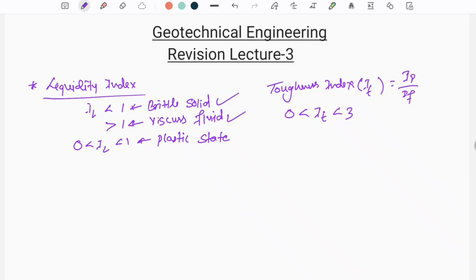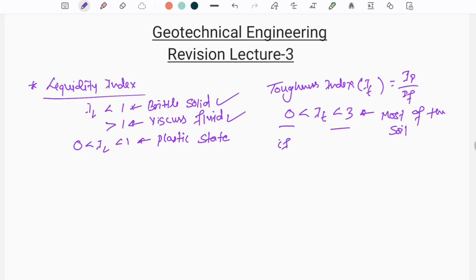If it is in this range of 0 to 3, then you can say it is in good condition. Most soils have a toughness index between 0 and 3.